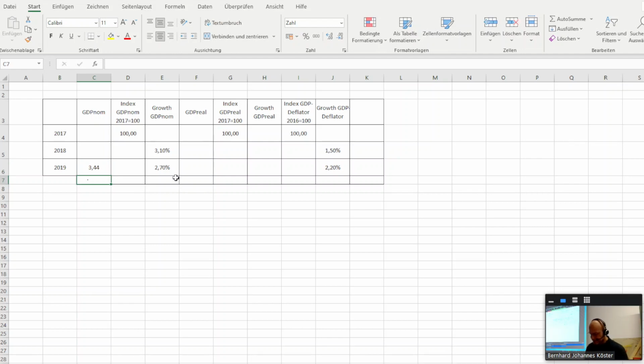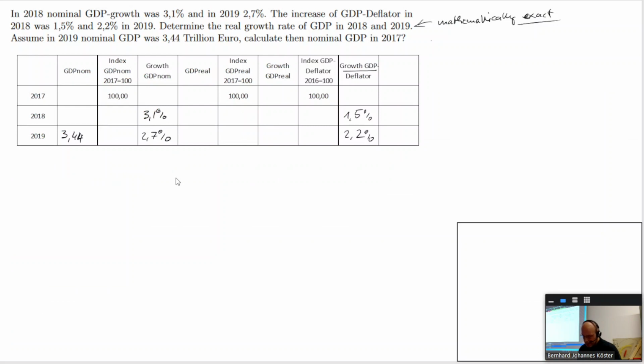Okay. So what shall I do? Determine the real growth rates. So I'm interested in this and in this, and I'm interested in this one. What can I do?